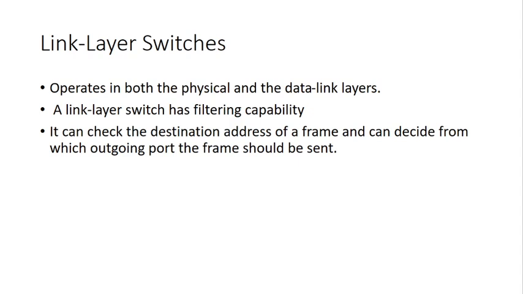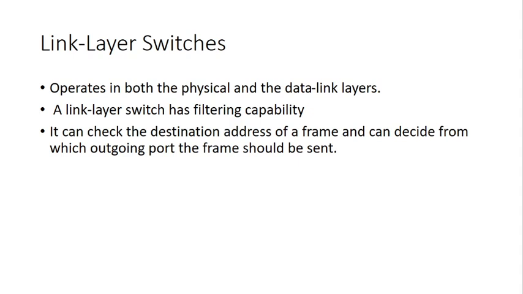As a physical layer device, it regenerates the signal it receives, and as a link layer device, the link layer switch can check the MAC addresses, that is source and destination, contained in the frame. And one of the main differences of a link layer switch from a hub is its filtering capacity.